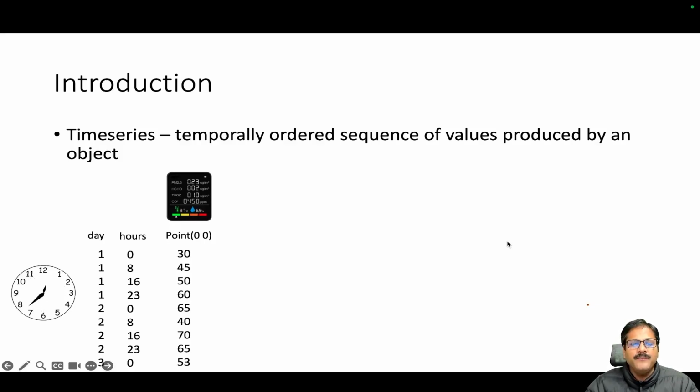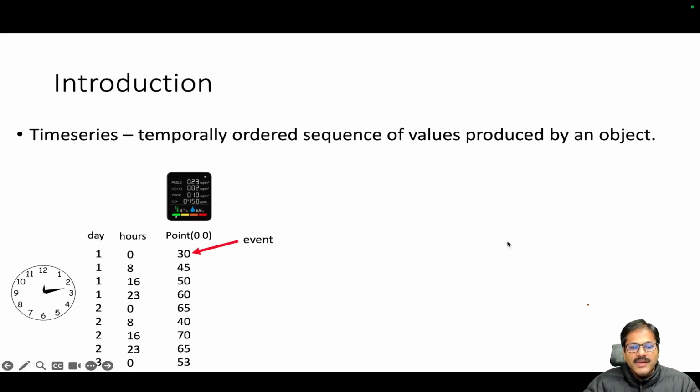Then the time series data generated by that sensor represents the time series. Each element in a time series represents an event. Collection of events represents a time series.